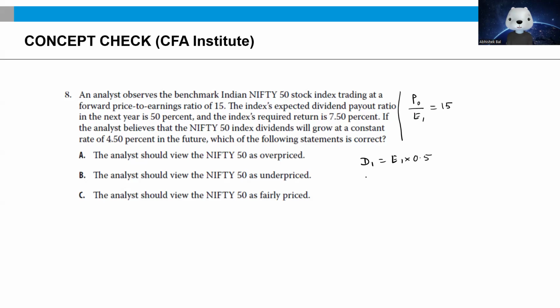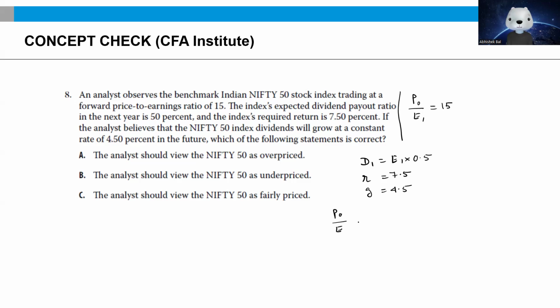And the index required rate of return, that is R, is equal to 7.5%, and the growth rate is deemed to be 4.5% forever. Which of the following statements is correct? It is overpriced, underpriced, or fairly priced. So let's first understand the relationship.